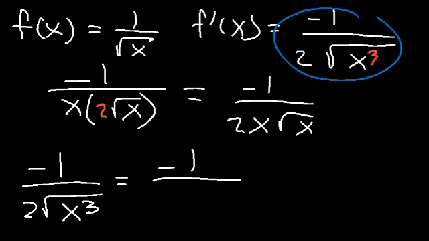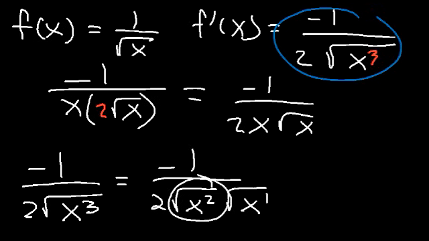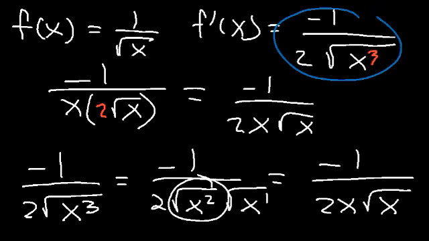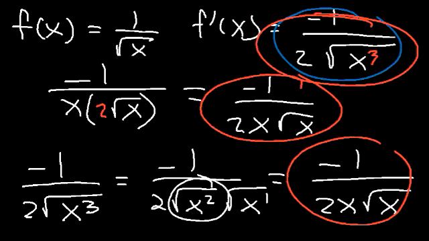X cubed is basically x squared times x, because x to the first power times x squared, 1 plus 2 is 3, we get x cubed. And the square root of x squared is simply x. So the answer is 2x radical x. So as you can see, these are all equivalent expressions, even though they look different.